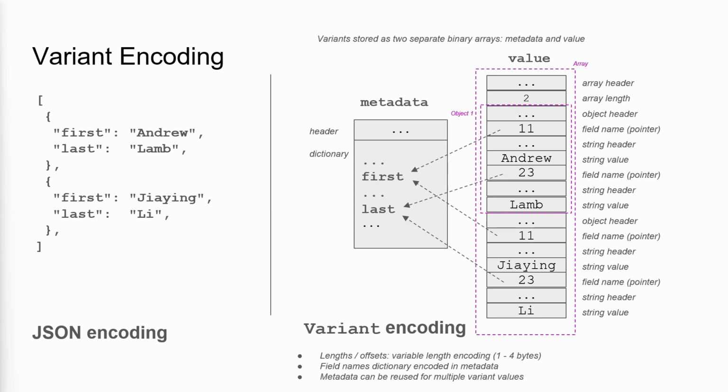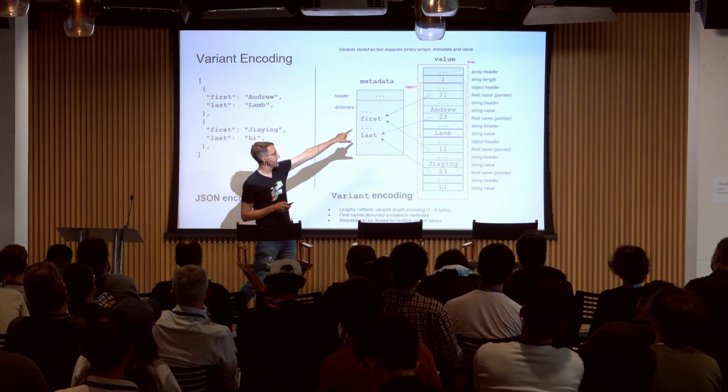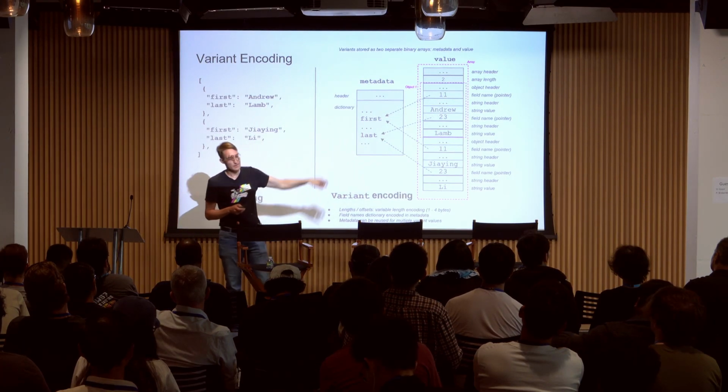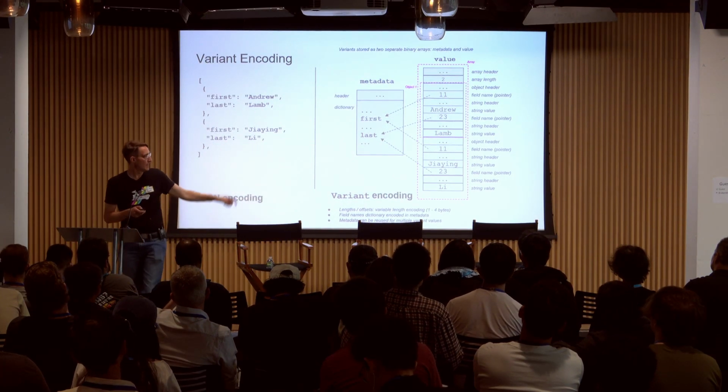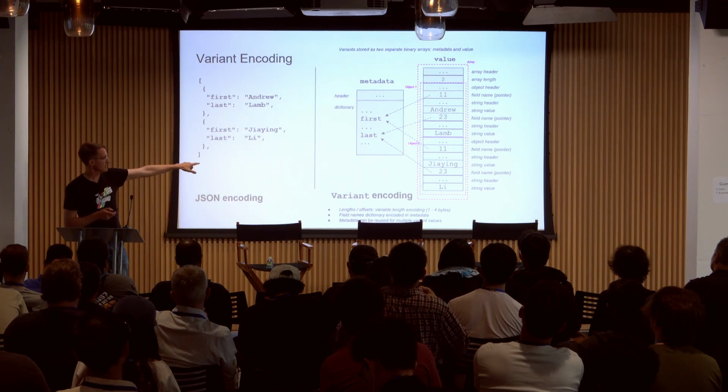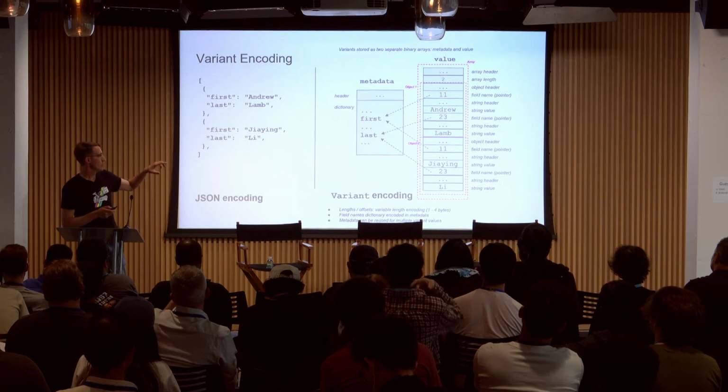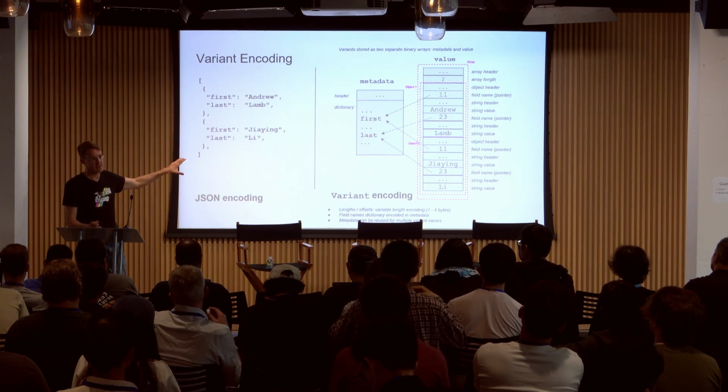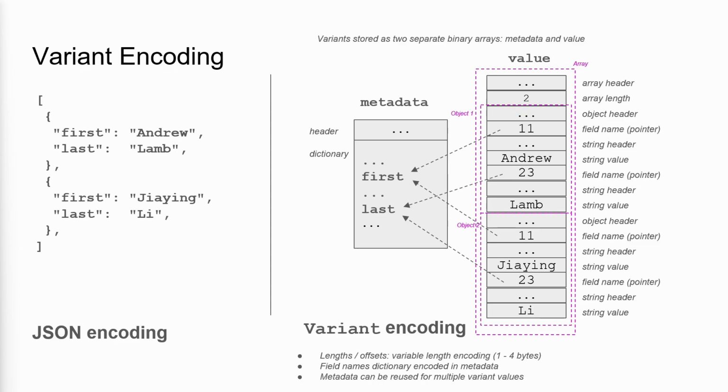So the way you represent first name Andrew Lamb, you have the field name encoded as a number, and then the actual value is encoded inline. And then similar for the other field, and then you've got the second object down there. So this representation has a lot of nice properties. You don't repeat the field names. It turns out that those sub-objects themselves are valid variants, so you can look at a sub-object and not have to copy the bytes around to get another valid variant.